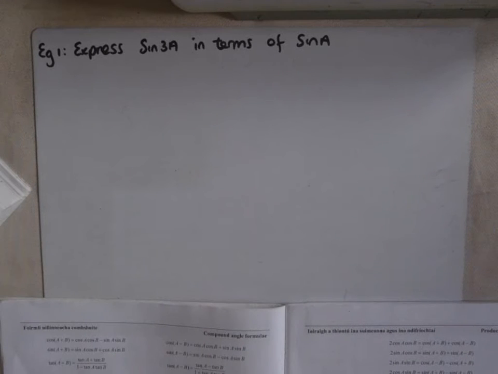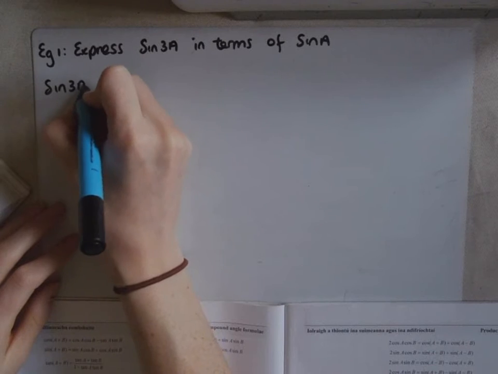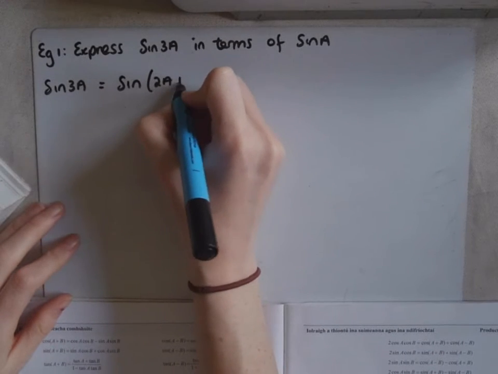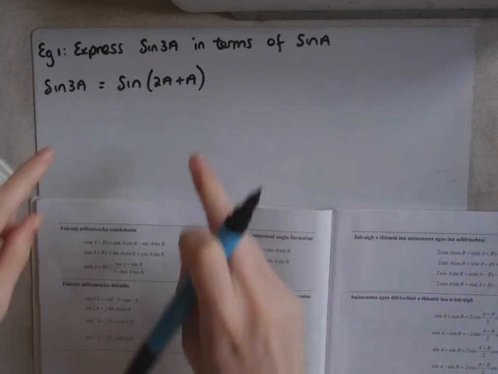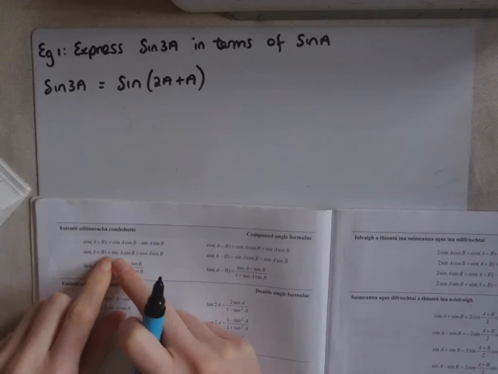So sine 3a would be sine of 2a plus a. Now we know compound angles, we can just go here, sine of a plus b.